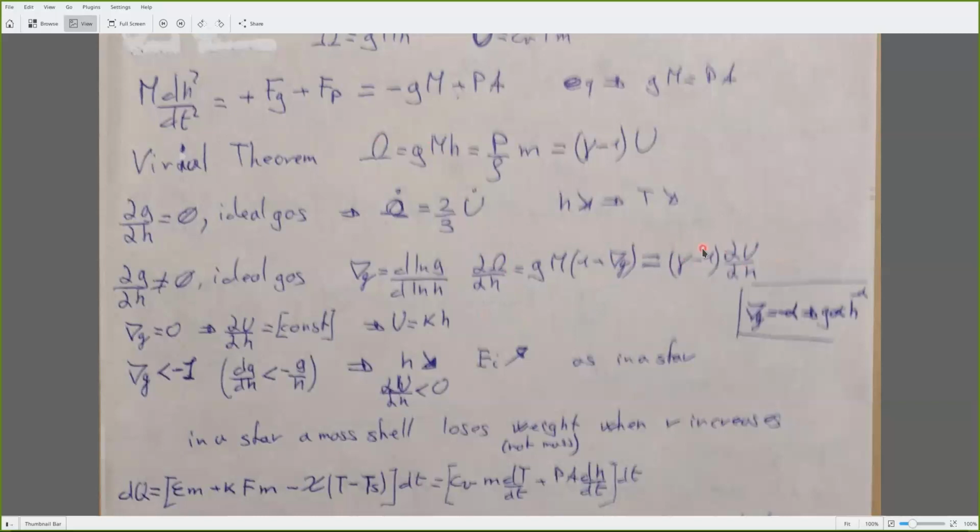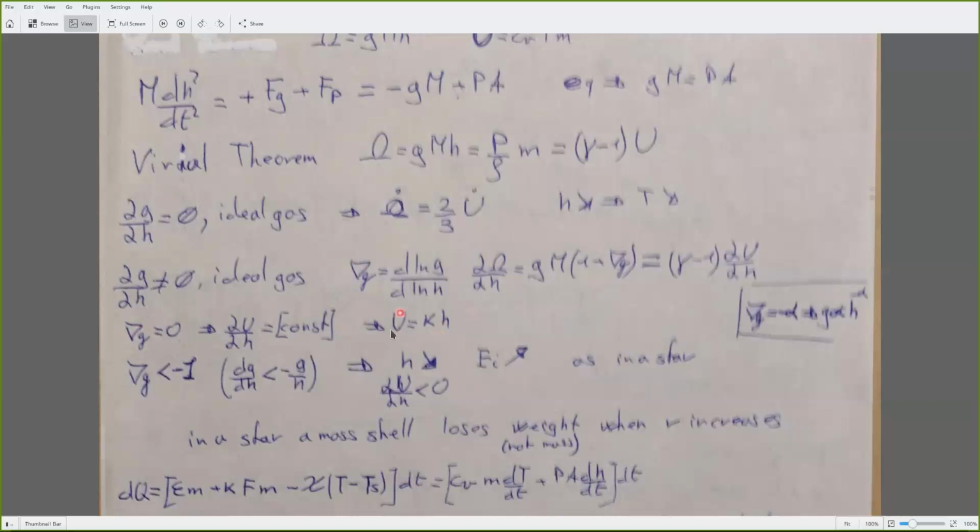The adiabatic coefficient doesn't depend on the height, so it's just this one. So at the end, we have a relation for the variation of the internal energy with the height. And if you consider that this gradient is 0, we come back to the earlier case.